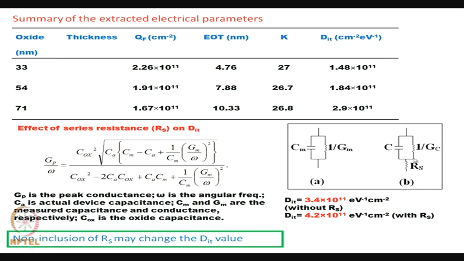RS is the series resistance, and you can include it or not. If you include series resistance, the value will be high, 4.2 times 10 to the power 11. However, without series resistance it is 3.4 times 10 to the power 11. So, non inclusion of series resistance may change the DIT value, which is a very important thing that one must consider.